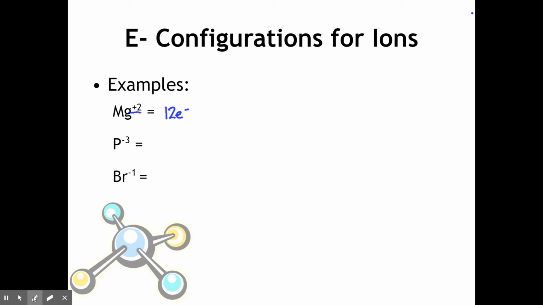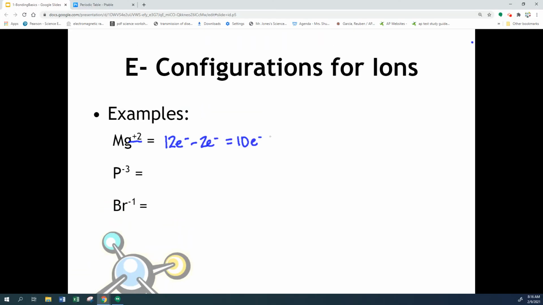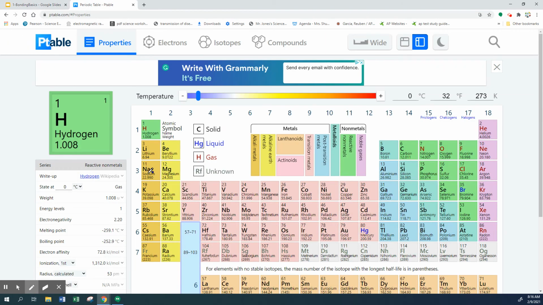Then it says its charge is +2. In order for its charge to be +2, it has to lose 2 electrons. So 12 minus 2 is 10. When I look on my periodic table and find 10 electrons, that is neon over here.